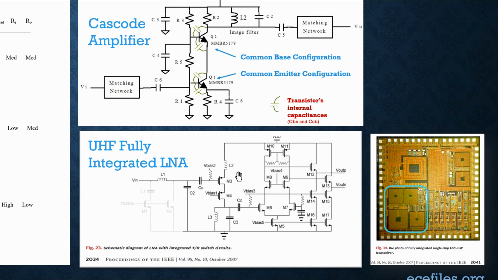What is L2 doing? Well, it's doing two things. In the literature, if you look at this, you will find that people put L2 in to make the input impedance of this device more resistive and lower.